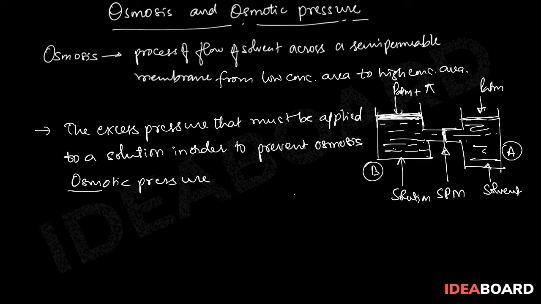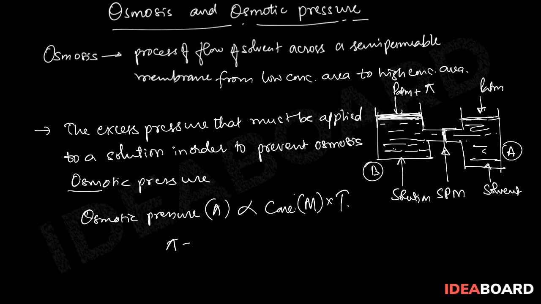Now it is found that this osmotic pressure, the additional pressure which we have to add for stopping the process of osmosis, is dependent on the concentration of the solution. It is found experimentally that the osmotic pressure pi depends directly on concentration, that is molarity, and temperature.